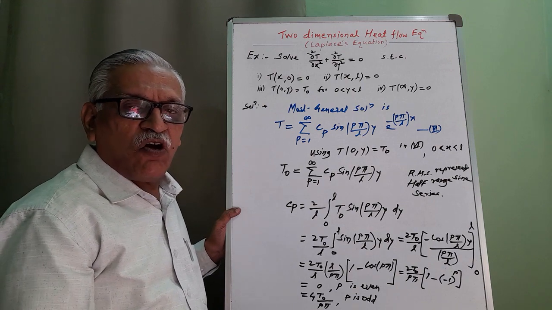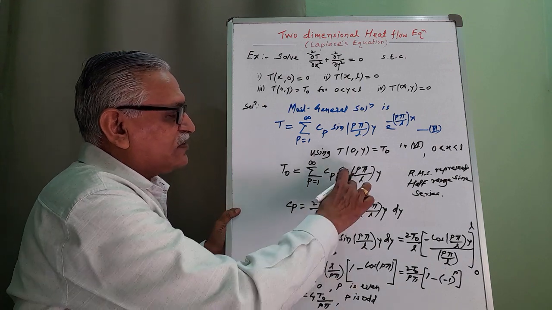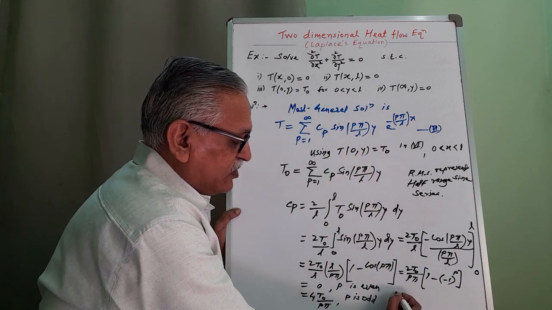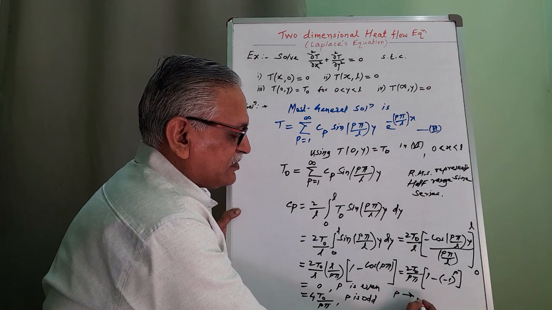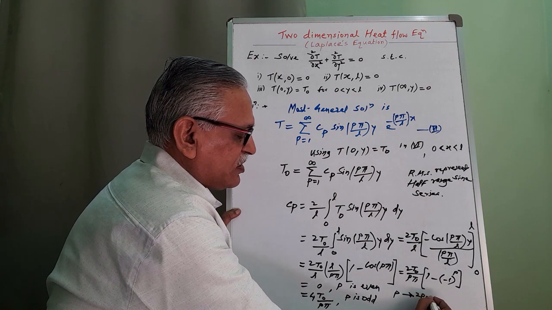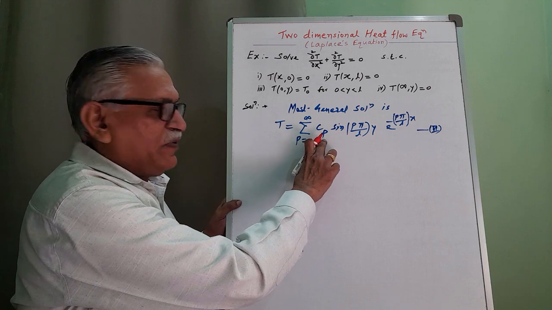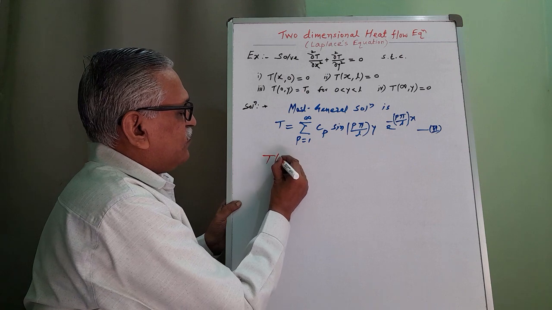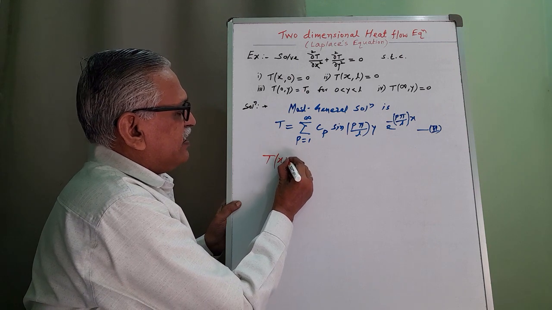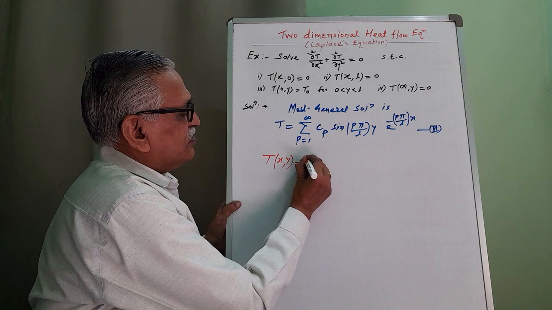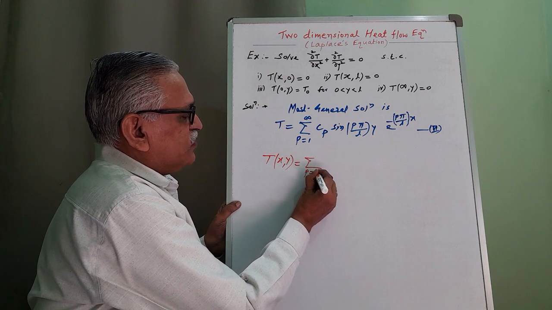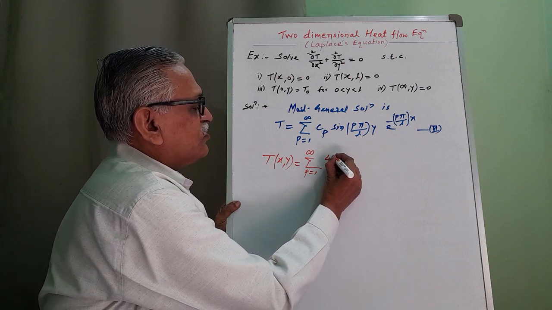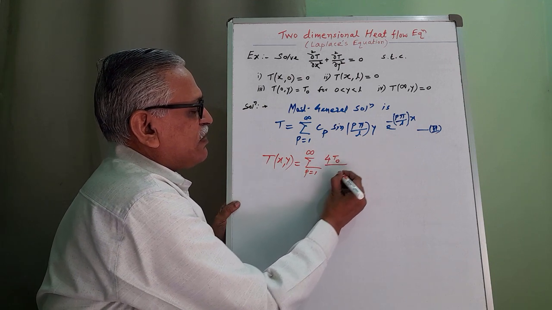And as it exists for odd values, while substituting this in equation number 6, we require to replace p by its general term. General term for odd is 2p minus 1. Substituting the value of cp here in equation 6, we get the final solution as T, which is a function of x and y, as summation from p equals 1 to infinity. Value of cp is 4T0 divided by p pi.